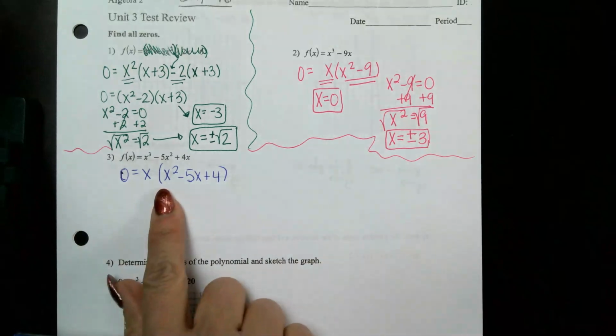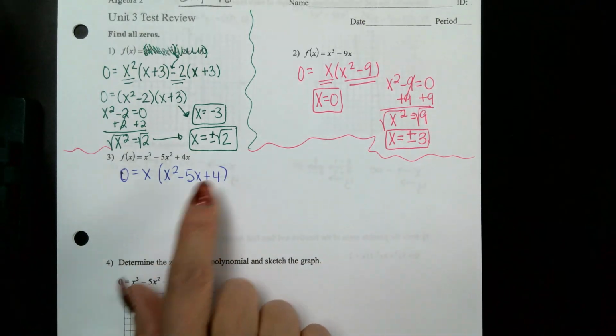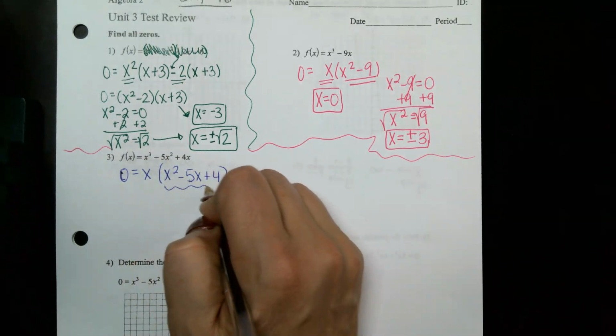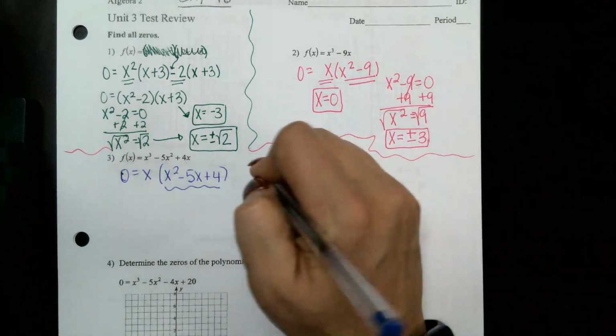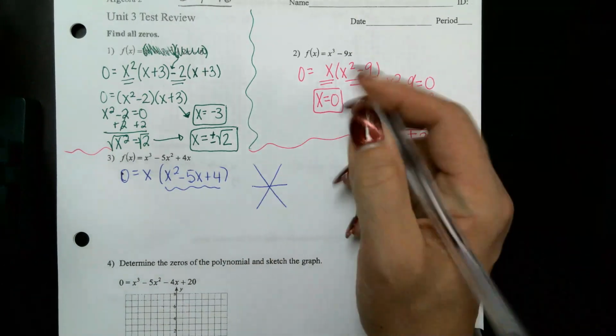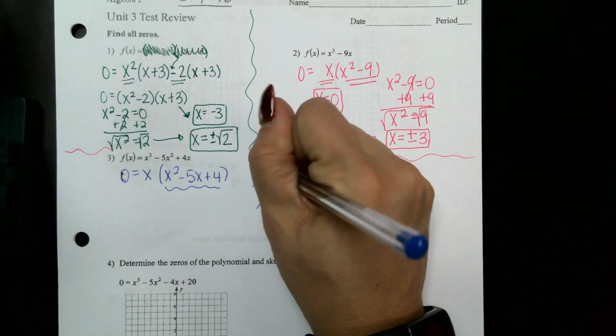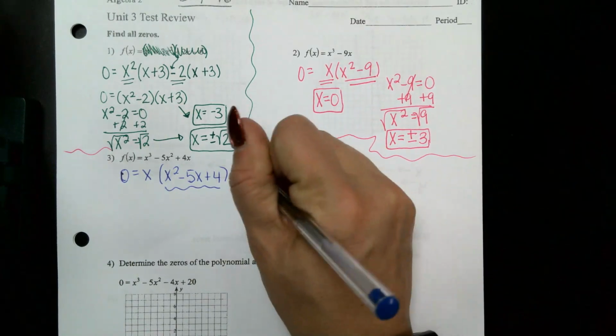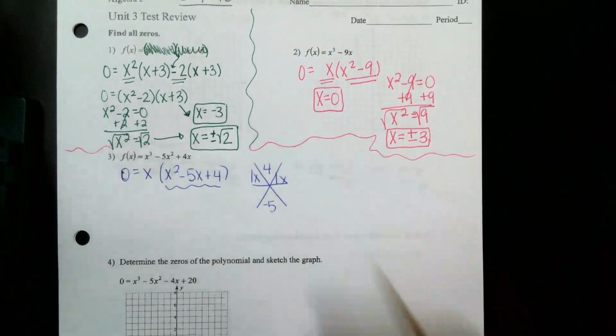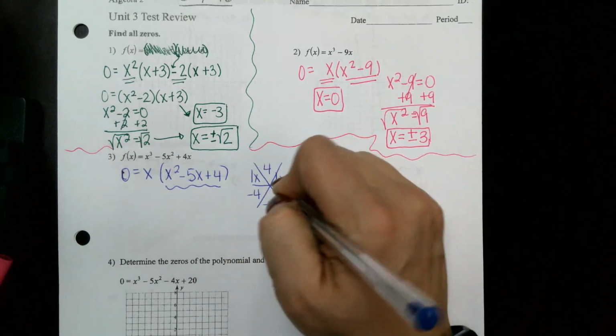So you'd have x squared minus 5x plus 4. And then we can do an asterisk for that to get our two sets of parentheses. So we have a positive 4 and a negative 5. What two numbers? Yep, negative 4 and negative 1.